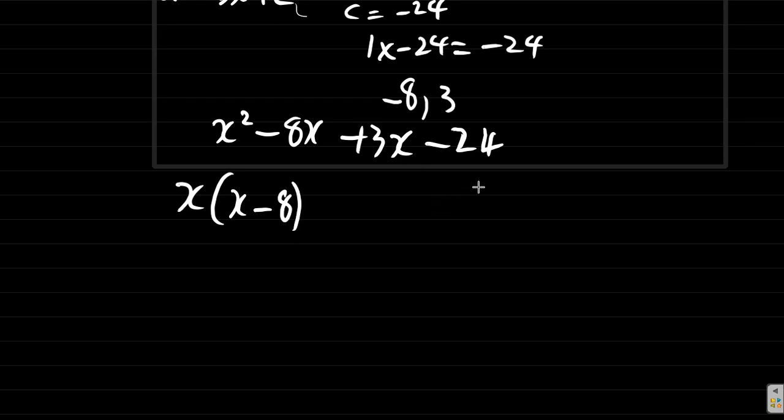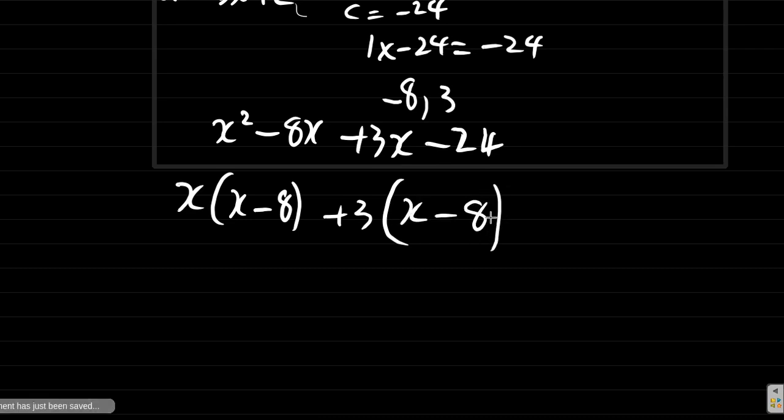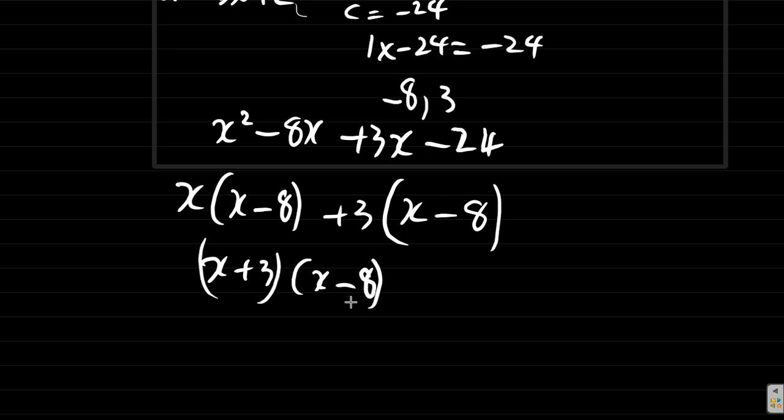Then we're going to have another bracket with the same thing. When we factorize these two, we have plus 3, and inside the bracket, x minus 8. You have to remember your factorization there of quadratic functions, right? So what we have is x plus 3, x minus 8.